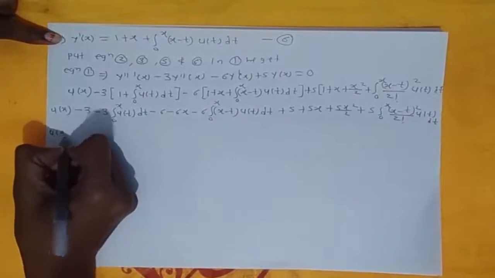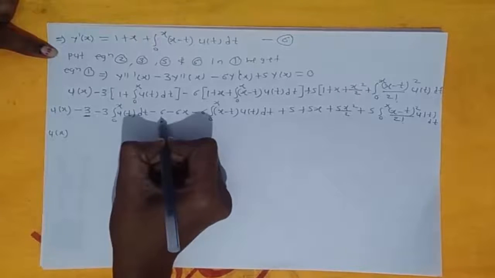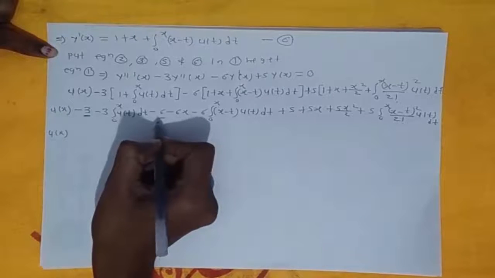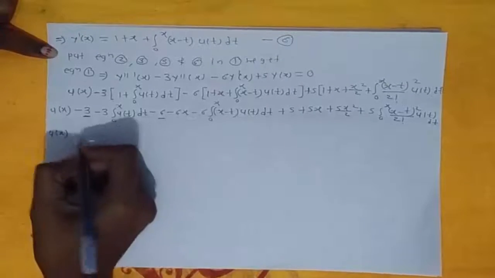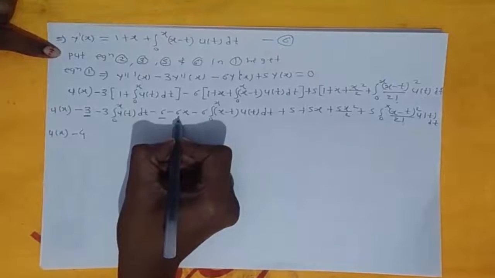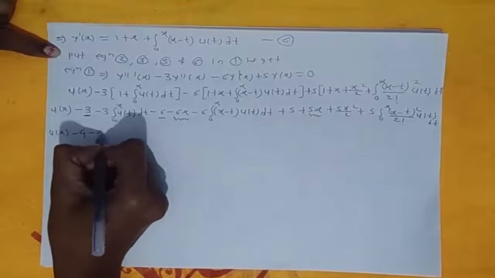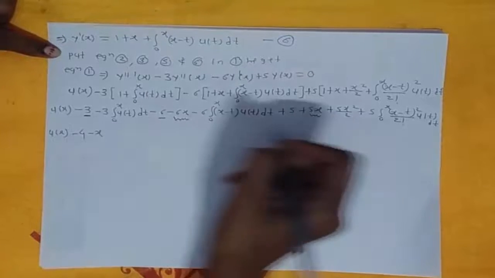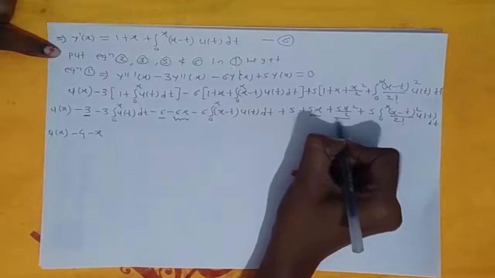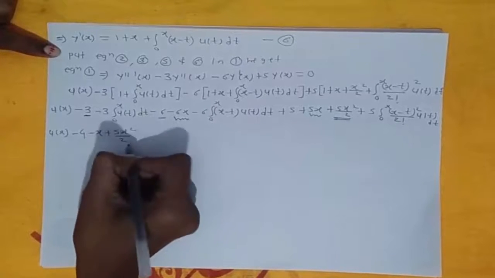That is u of x, here constant terms are minus 3 minus 6 and this plus 5, minus 6 minus 3 will be minus 9 plus 5, that is minus 4. Then terms of x are minus 6x and plus 5x. Minus 6x plus 5x will be minus x. Then for x square there is only a single term, that is 5x square divided by 2. Therefore we write it as it is, 5x square divided by 2.